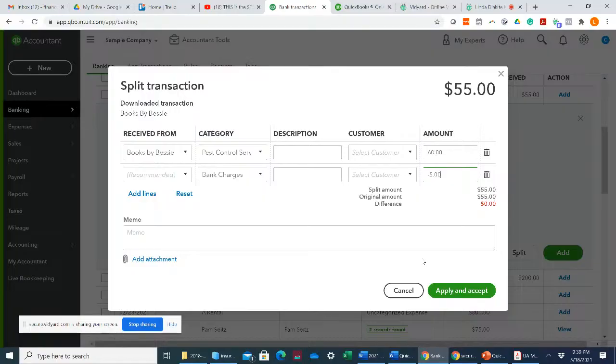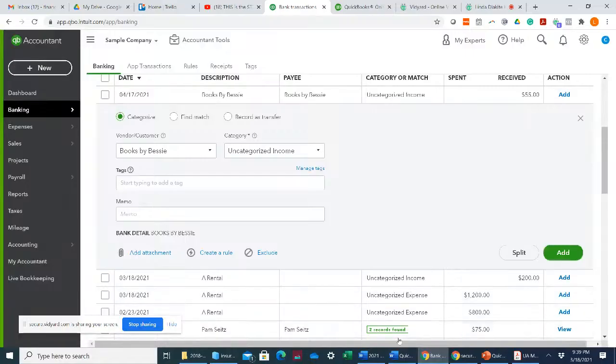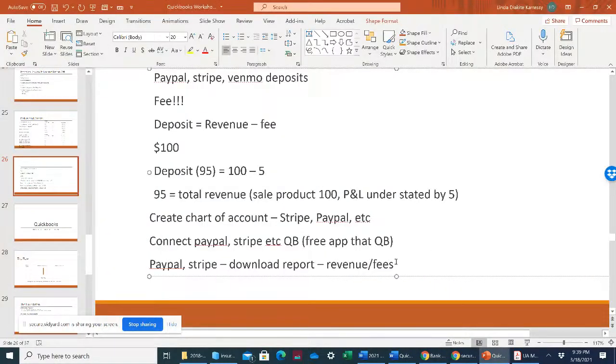Now, you may not want to record every single transaction. What you can do, I'm going to hit cancel. What you can do, you can take this report, and for the month, if that report says, okay, you know what, we received $100 and then the fees, you can just make one deposit for the month. Or if you want to do it every 2 weeks.